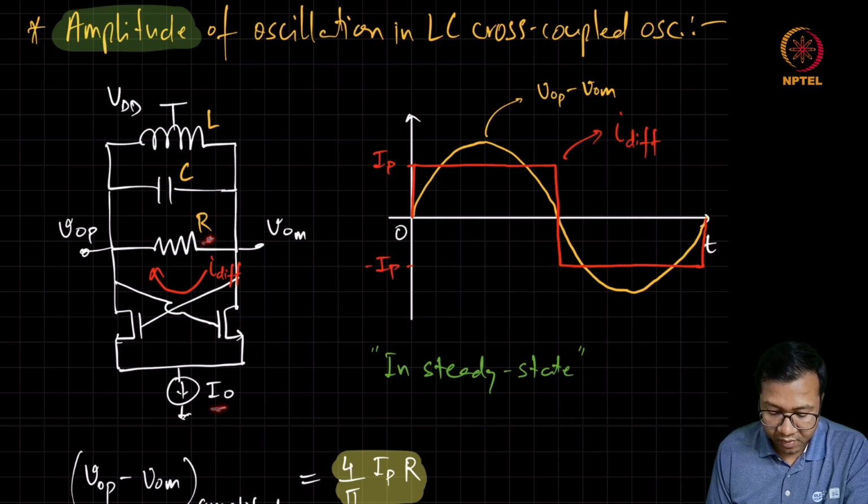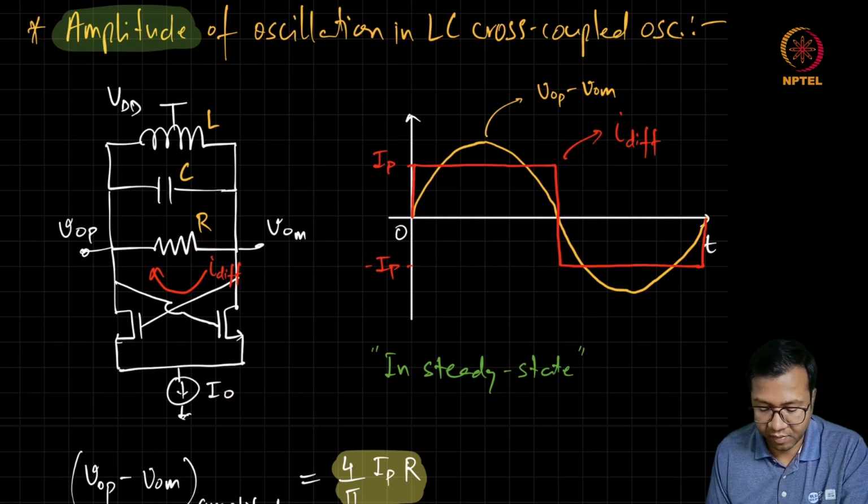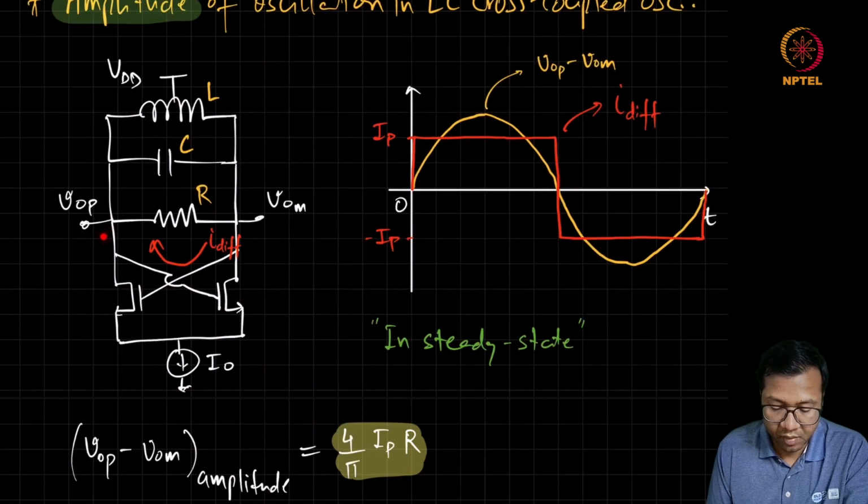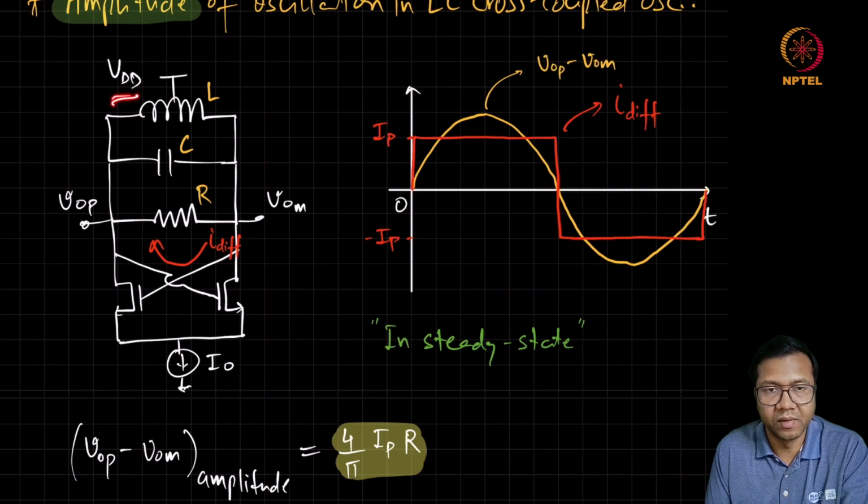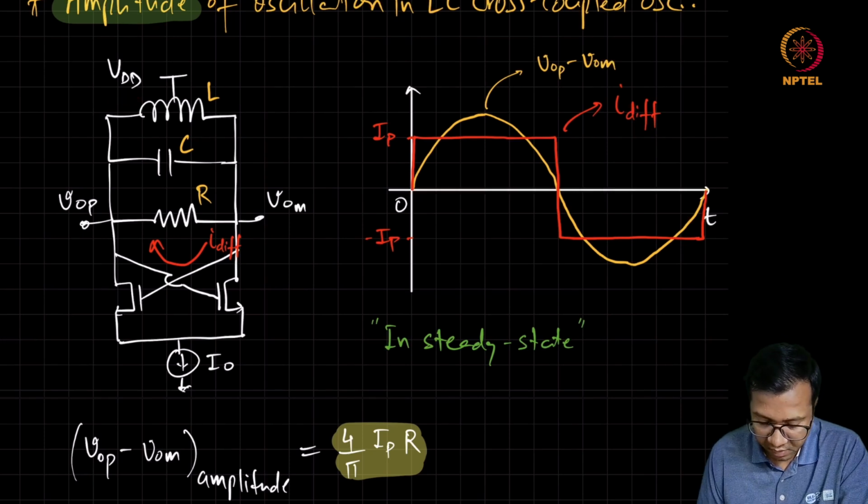Whereas if we choose I0 and R such that their product is on the higher side, the output amplitude may not be determined by the complete I0 current switching to one of these transistors. It may get clipped because there is a finite supply voltage.